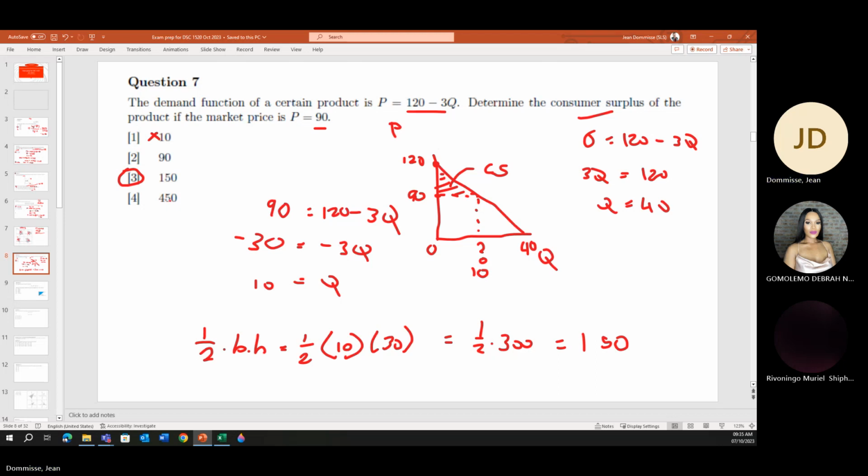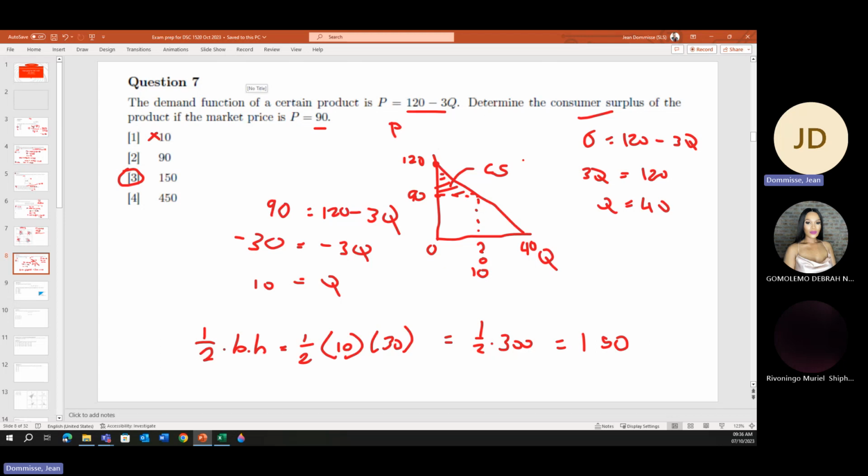Consumer surplus questions are asked a bit differently, so that you nearly need to see on the graph how you would get to it.